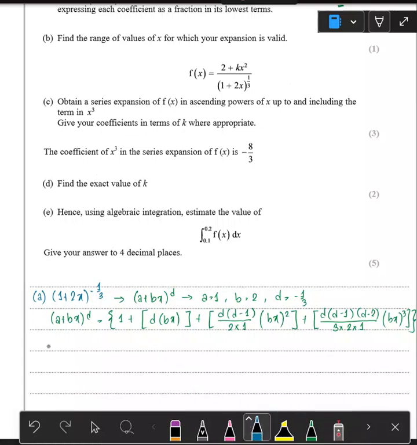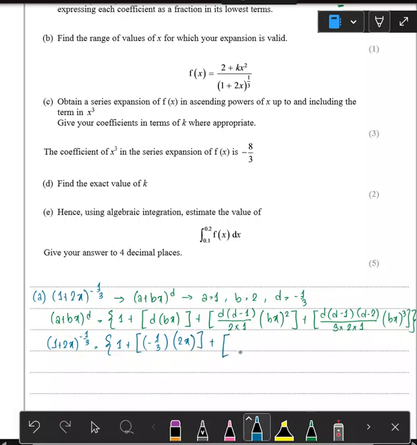So next, with the given expression, if I want to expand that, at first I will write 1 plus d. D, we know, is negative 1 by 3. So I'll write negative 1 by 3 multiplied by bx. Here b is 2 and x is just x, so 2x.